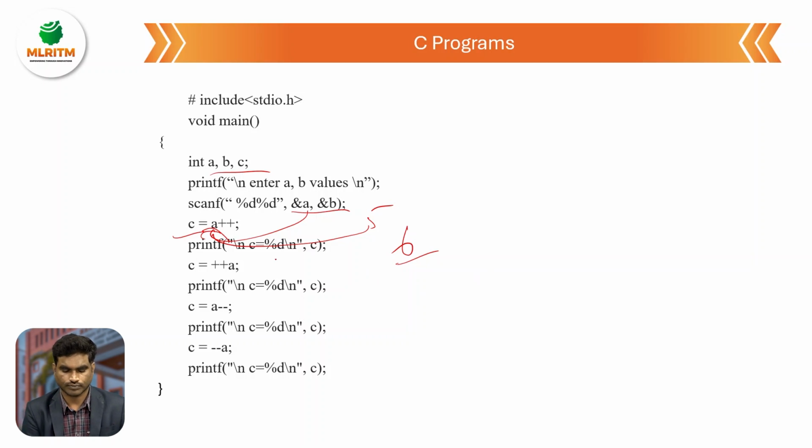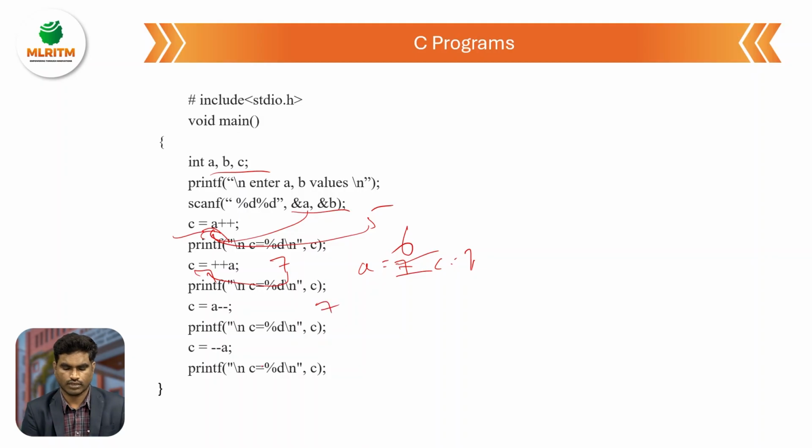Next, printf. Here, first we increase the A value. What was the A value before? 6. Now the A value is increased to 7. That 7 is assigned to C. Now A value is 7 and C value is 7. Here, for decrement, what is the A value now? 7.